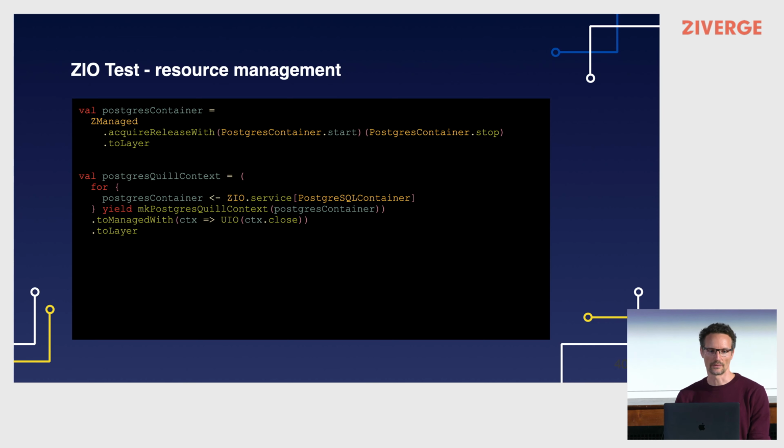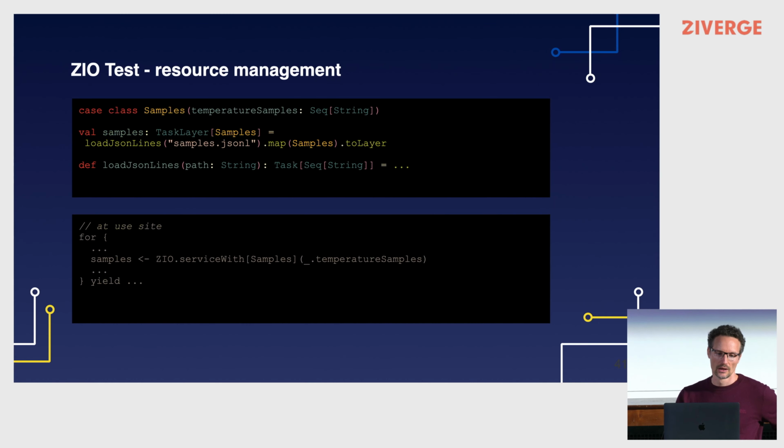So here we just set up a Postgres container. We just have to define an acquire and a release action. And in the second example, we depend on this container and set up the Quill context. So this is how you do it in ZIO Test.